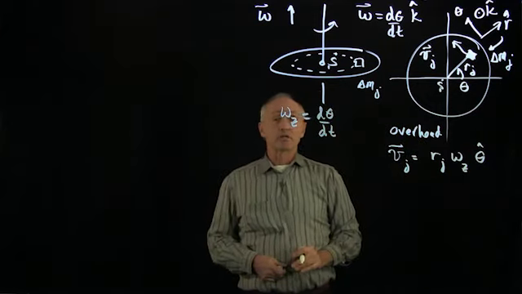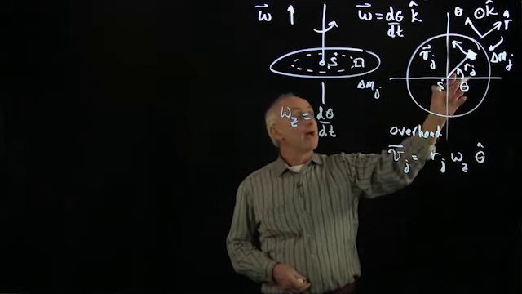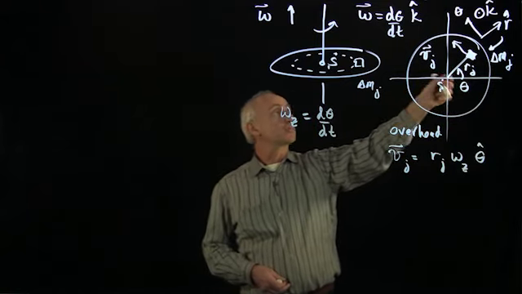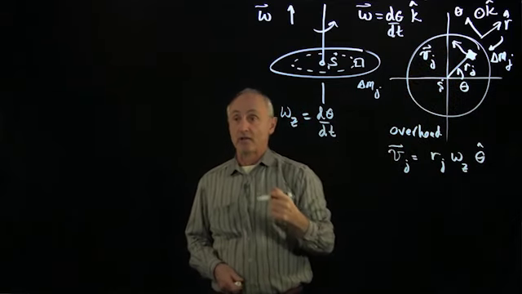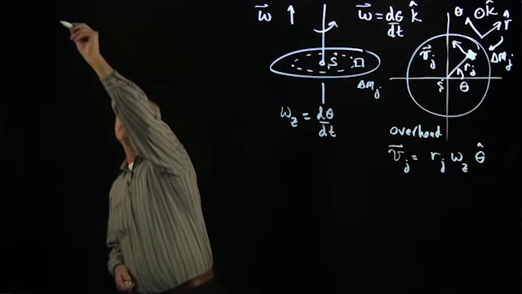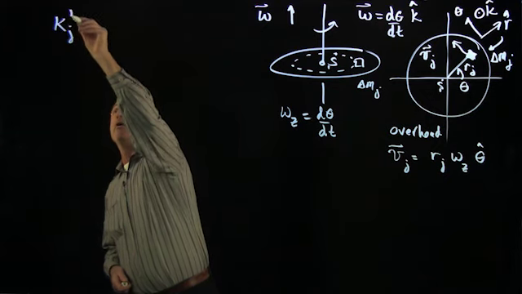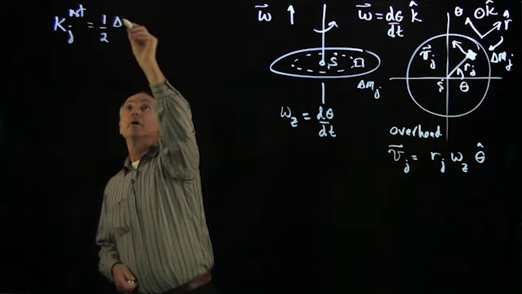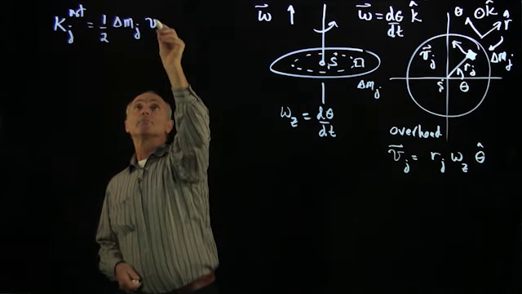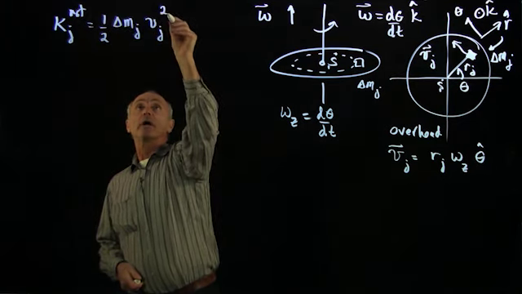Now what we'd like to discuss is the kinetic energy. And the way we're going to consider kinetic energy is we're going to sum up the rotational kinetic energy of every single mass element. So we begin by writing kj rotational, and we know that that is just 1/2 times the mass element times the velocity of that element squared.